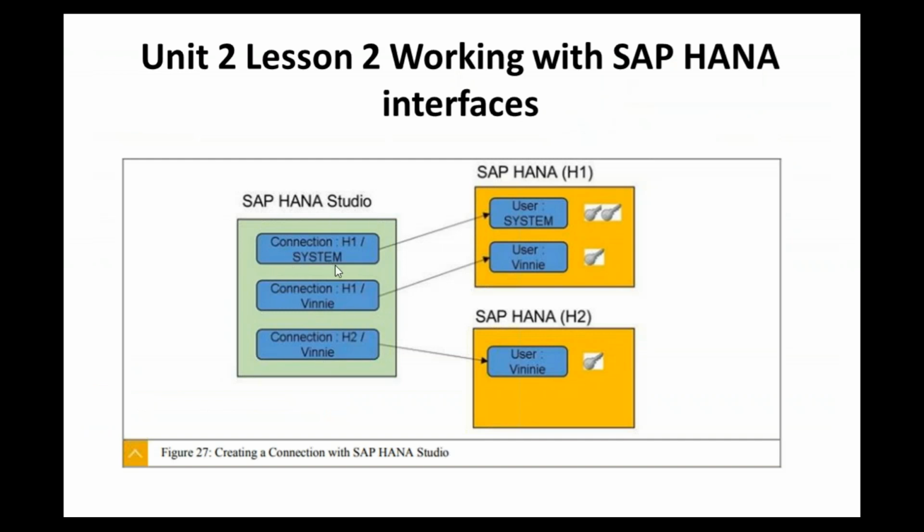We have the HANA Studio, we have connection systems, we have H1, H2 connection. This is HANA Studio, and I'll be explaining the HANA Studio to you, with the username and password. What we need to understand from this is, in the HANA Studio, we can configure the HANA 1 system, HANA 2 system. There can be multiple servers, and we can log in to the servers from a single HANA Studio. We can log in to multiple HANA servers from a single HANA Studio. Just like we have the SAP GUI logon pad, from the SAP GUI logon pad we are able to log into multiple systems, right?